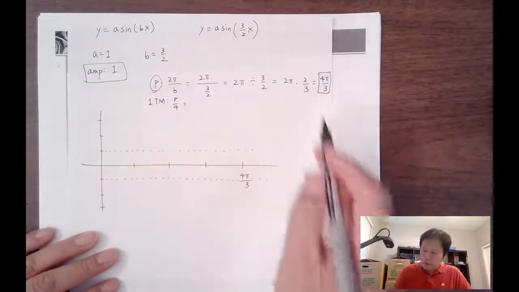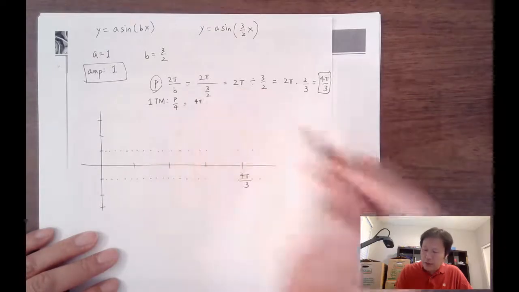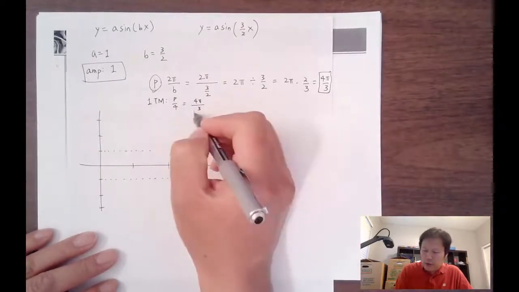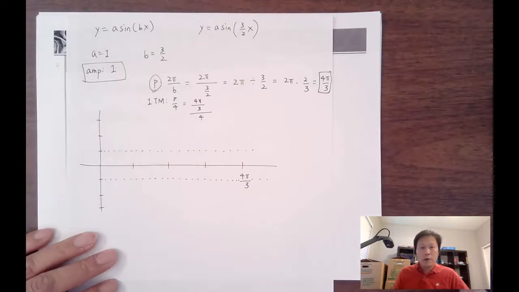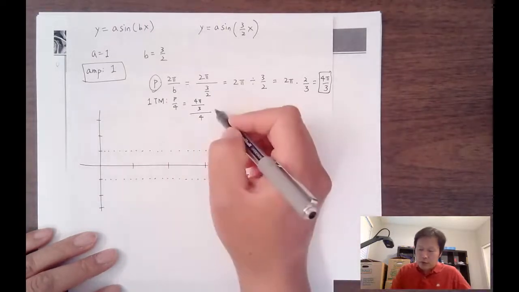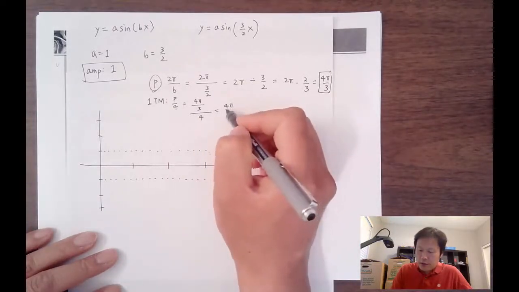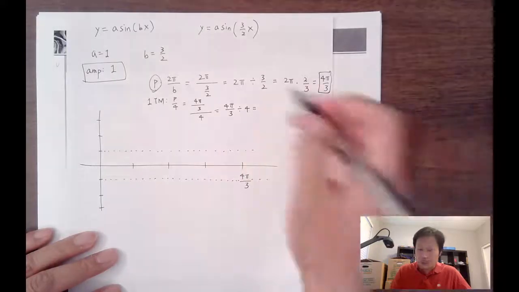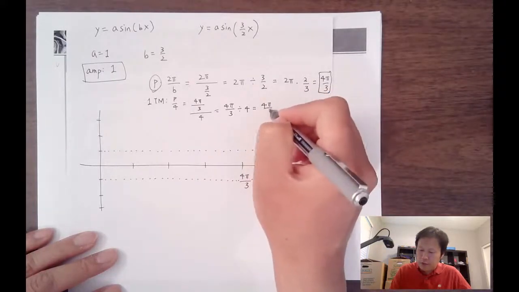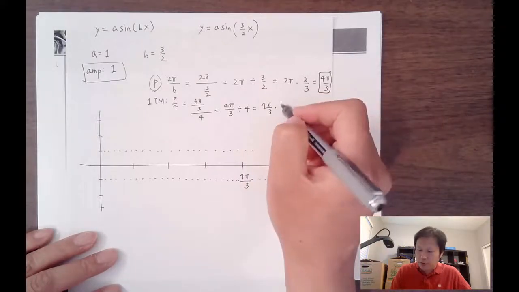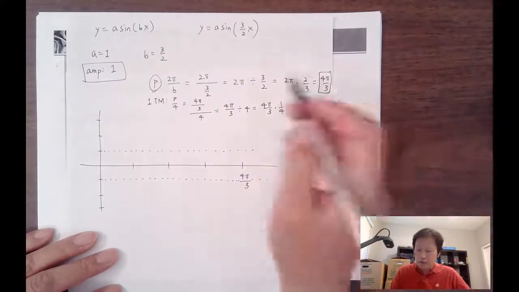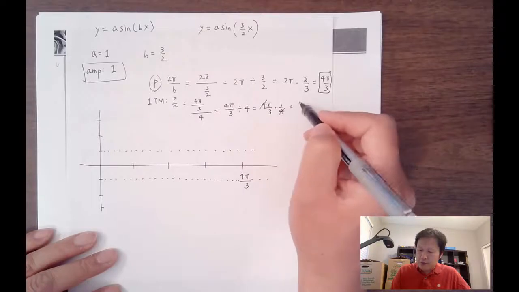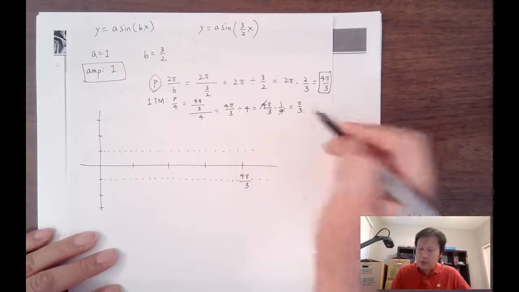Period is 4 pi over 3 divided by 4. Again, 4 pi third divided by 4 is the same as 4 pi over 3 times the reciprocal, 1/4. The 4 in numerator and 4 in denominator cancel out, becomes pi third, which is the same as 1 pi third.